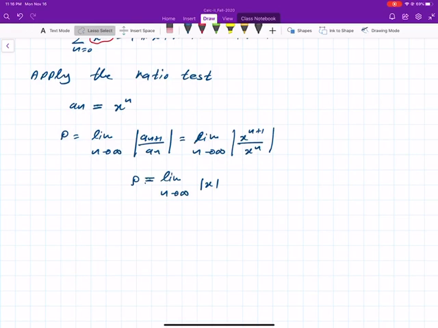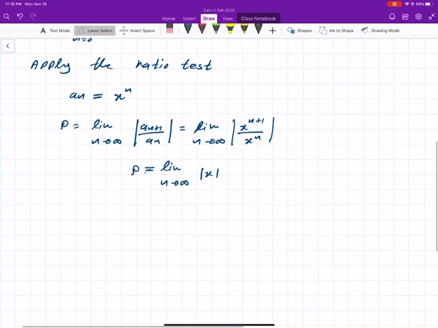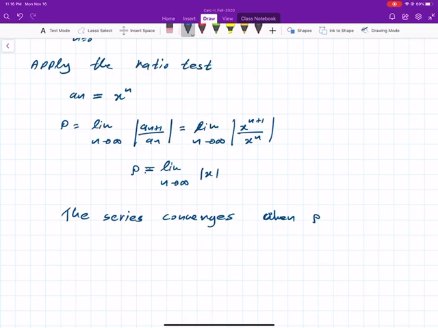Here we have used the ratio test. If you recall the results of the ratio test, the series converges when rho is less than 1, that is, limit n goes to infinity absolute value of x should be less than 1.